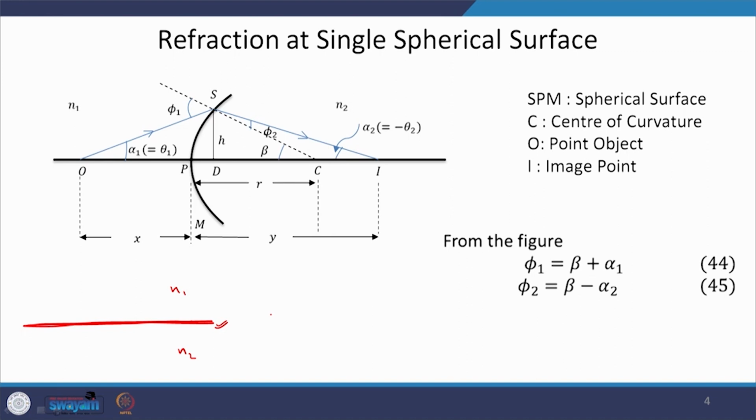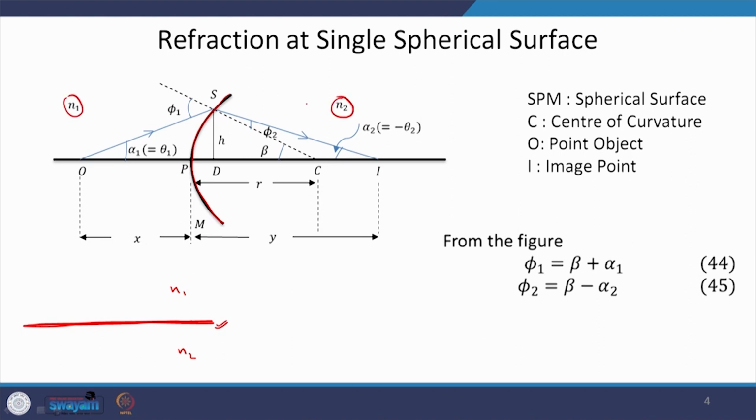Suppose this is the curved line which separates the two media. This SPM is the spherical surface which separates two media of refractive index n1 and n2 respectively.